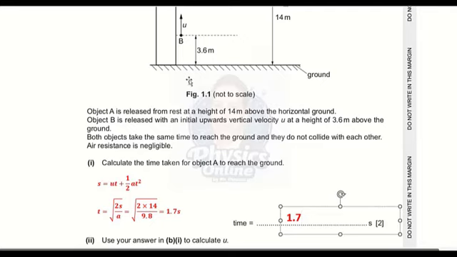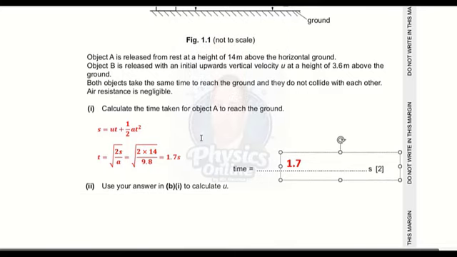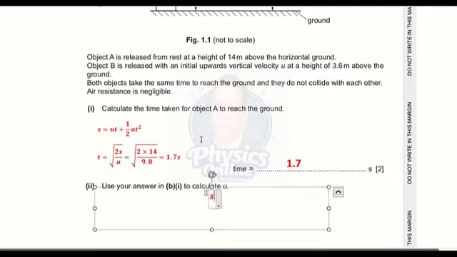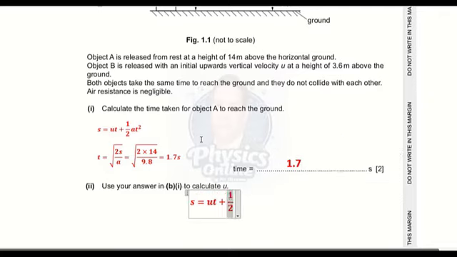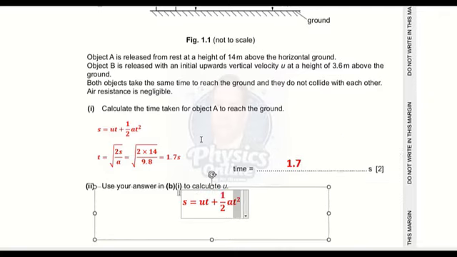So what's the equation that includes all these variables? Of course, the same equation, s equals ut plus half at squared. We need to rearrange this equation to make u the subject.